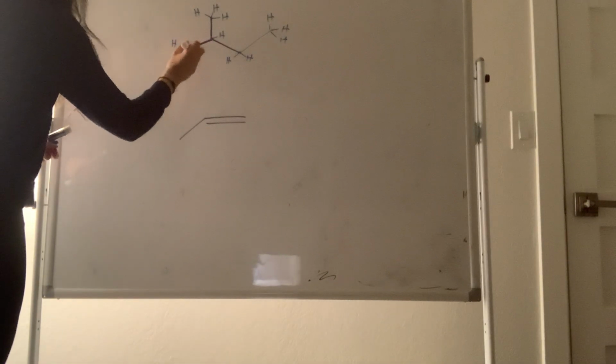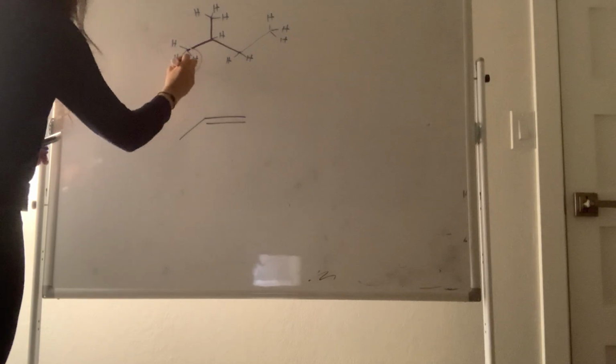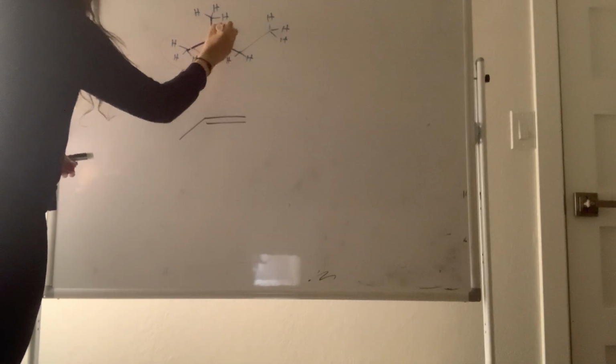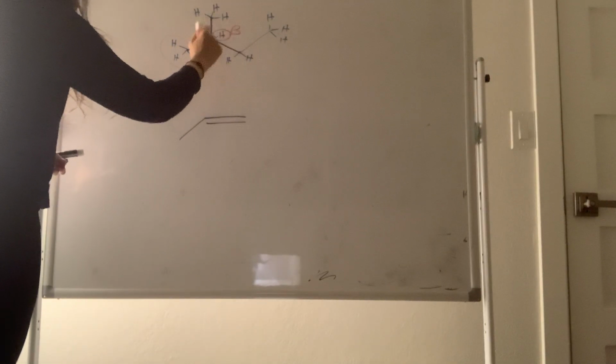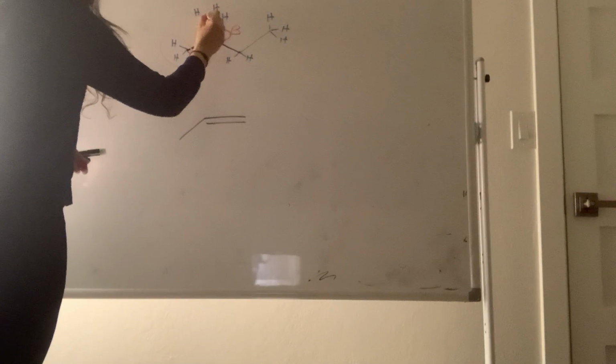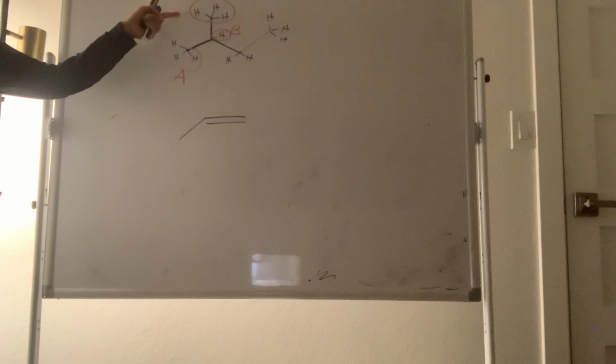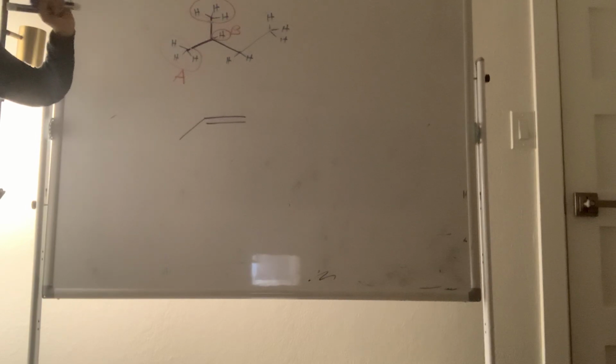All right, so what are you thinking? You're probably thinking that there's a unique set of protons right here, CH3. Now, there is one hydrogen over here, that's unique, that's a CH. We have a set over there. Is this unique? Let's go over this.